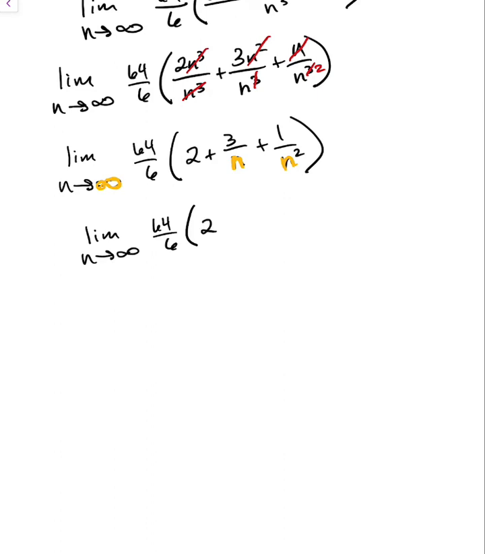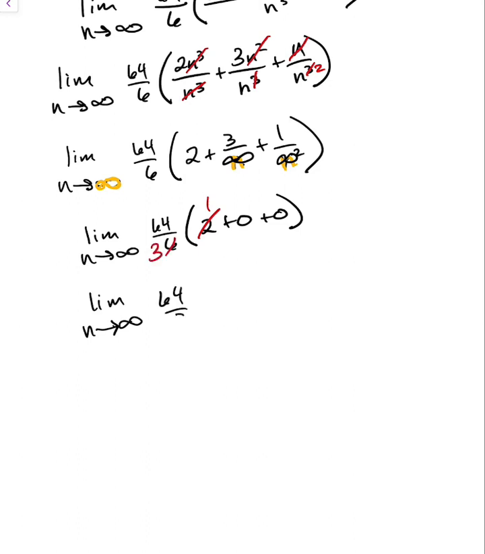Yes, it'll be 2 plus 3 over infinity, which is 0, plus 1 over infinity squared, which is 0. So I am left with 64 divided by 6 times 2, and I know that my 2 can cancel out and I now have 3. So then my final answer will be 64 over 3. So my limit as n approaches infinity will be 64 over 3, or 21 and 1/3.